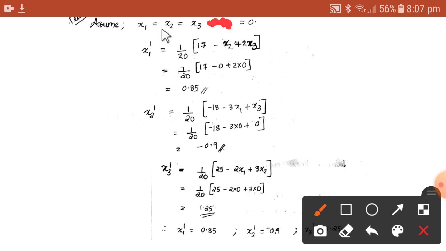Putting x2 equal to 0 and x3 equal to 0, x1 dash equals 0.85. Similarly, substituting the values in x2 dash, you will get minus 0.9. Again, substituting the values for x1 and x2 in the equation, you get x3 dash as 1.25. Hence we found the first set of values: x1 dash equal to 0.85, x2 dash equal to minus 0.9 and x3 dash equal to 1.25.